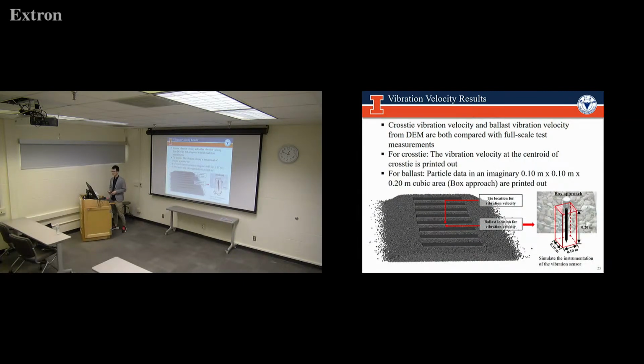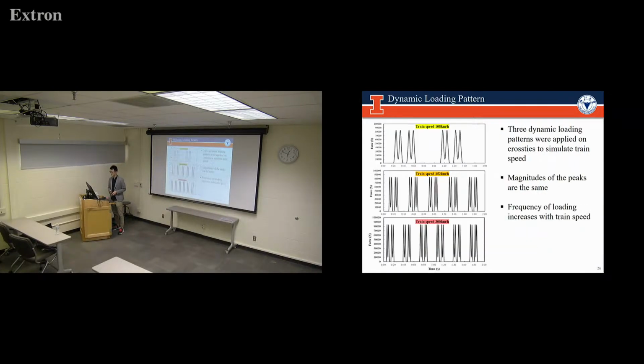For the ballast vibration velocities, an imaginary cube was used to print out the particles inside it, and we use those data to compare with the lab measurements. Overall, there are 3 different dynamic loading patterns applied on the concrete ties to simulate train speeds. The magnitudes for these different speeds are the same, but the frequency of the loadings increases as the train speed increases.